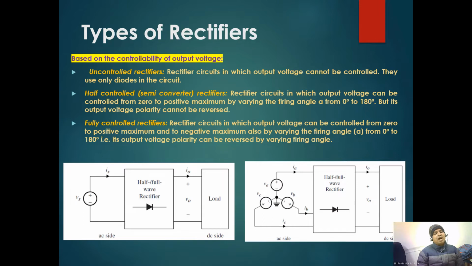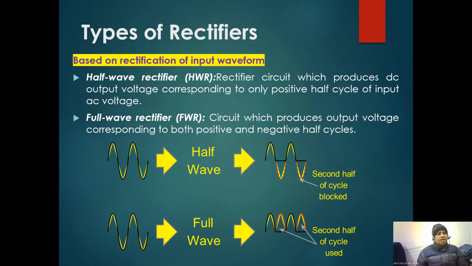There are two kinds, half wave and full wave rectifiers. A single phase one I can show you. This one is our single phase and this is our three phase, and both have half wave and full wave rectification. So what is half wave rectification?